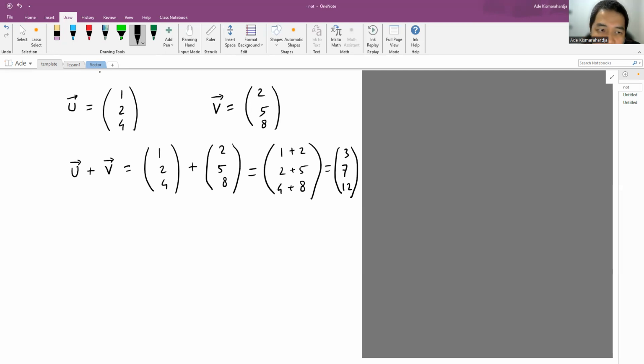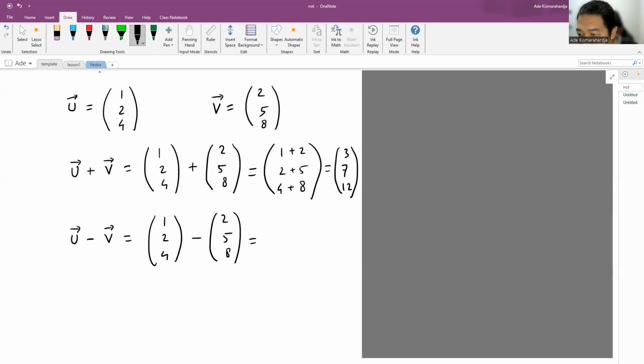And that's essentially the same thing, when you want to subtract vectors u minus v. So you just subtract the same component. So for example, we have u minus v like this. Therefore, it is 1 and then minus 2, 2 minus 5, 4 minus 8.